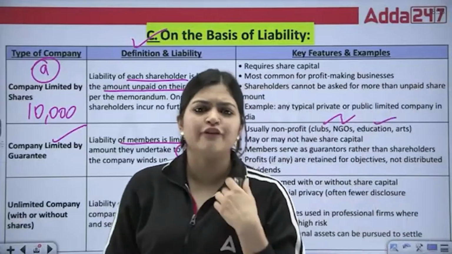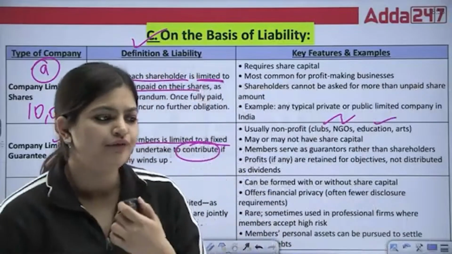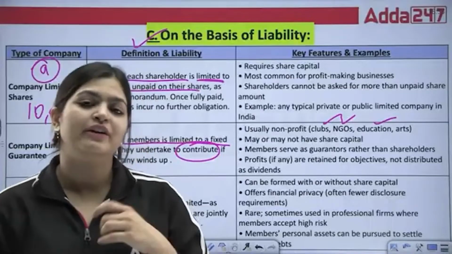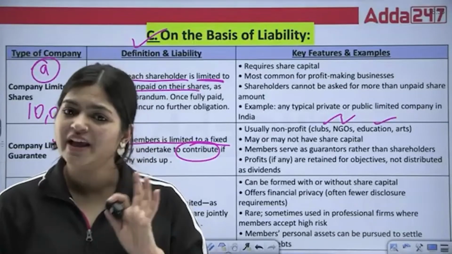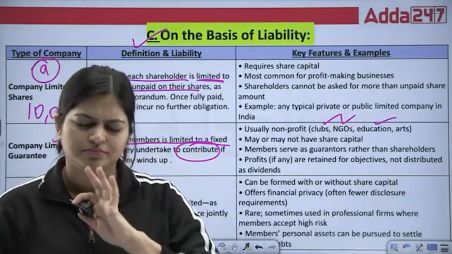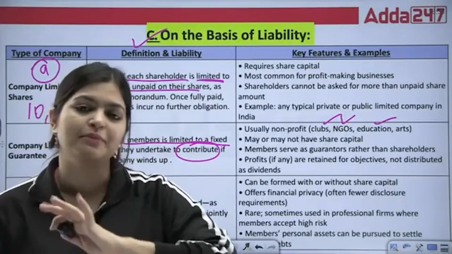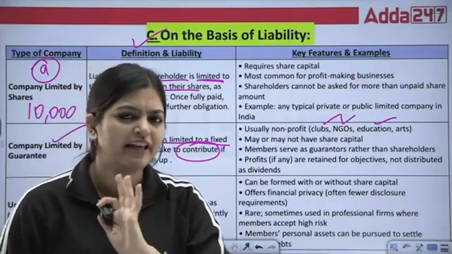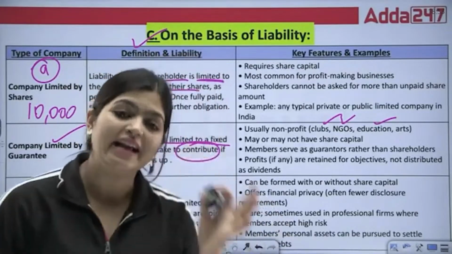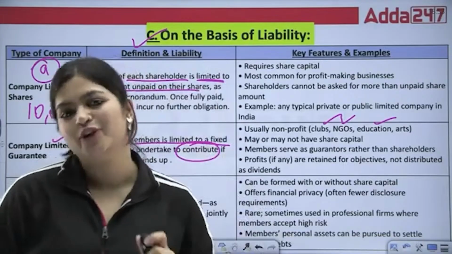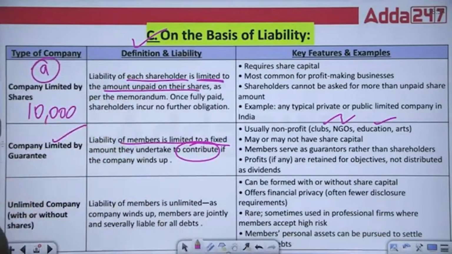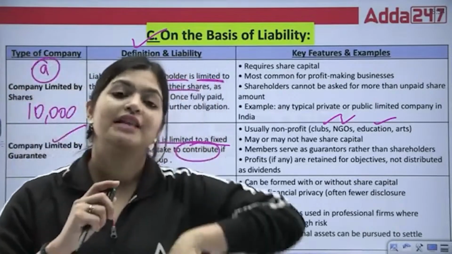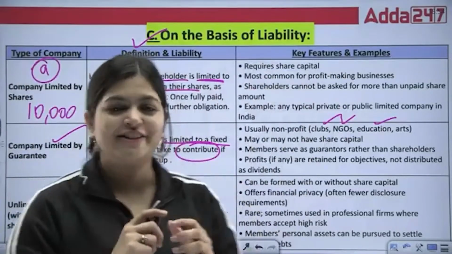I am saying if you need any amount in future, at the time of winding up, I will support you by giving 10 lakhs. At the current time, I'm not giving any amount to you. But in case of winding up, of course, I'm going to give. So that is company limited by guarantee. That 10 lakhs is not flowing right now. It will flow at the time of winding up.